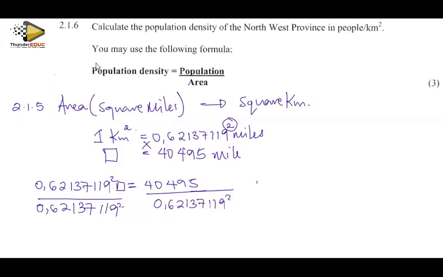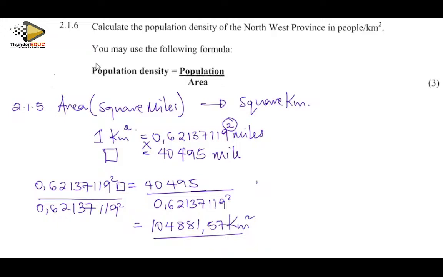So now this will become 40.95 divided by 0.61, which is 3,711. Is kilometers what?